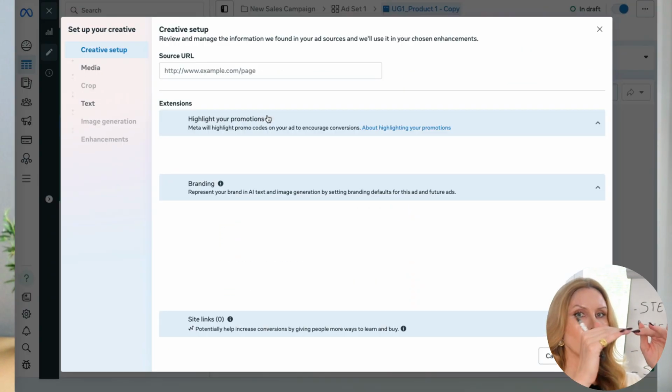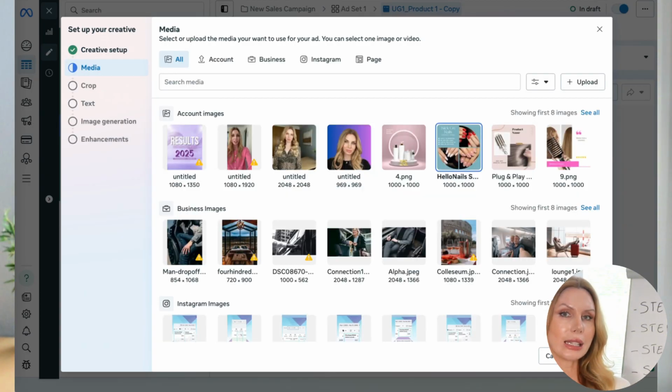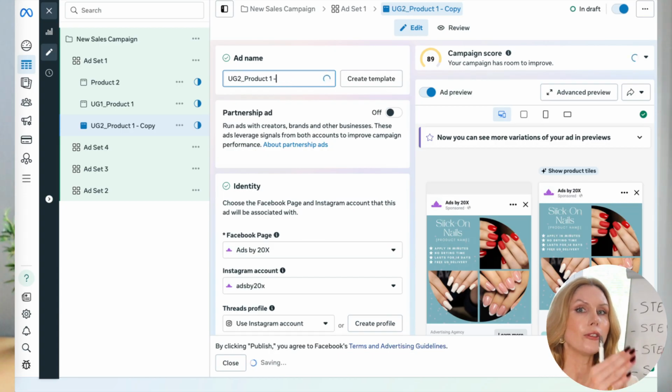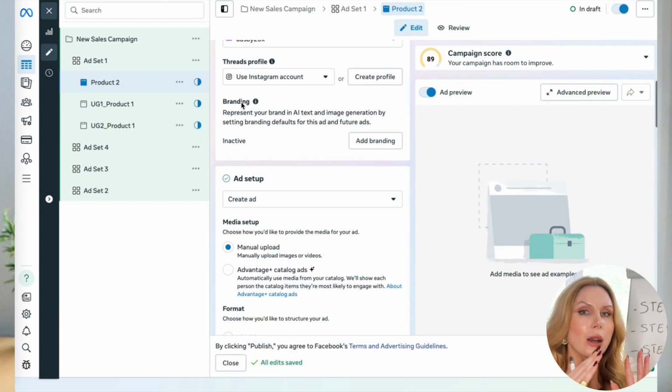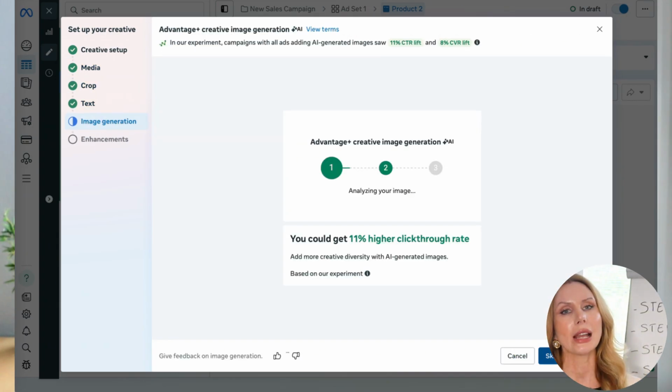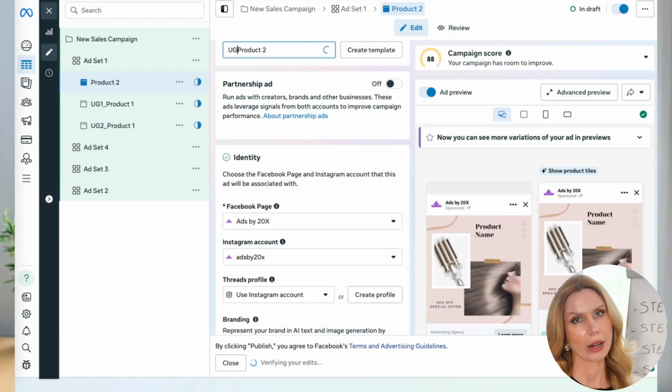So not only are you testing 2 different products per ad set, you're also testing the creatives, and therefore you can see right away what's working and what's not working, which is our only goal when it comes to Meta ads, and our only goal in finding winning products.